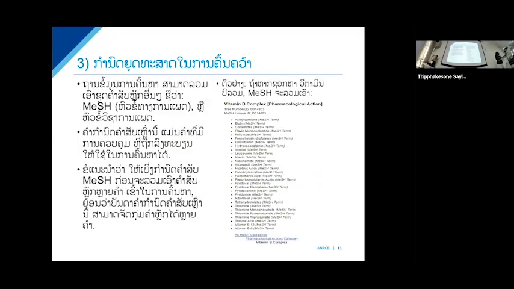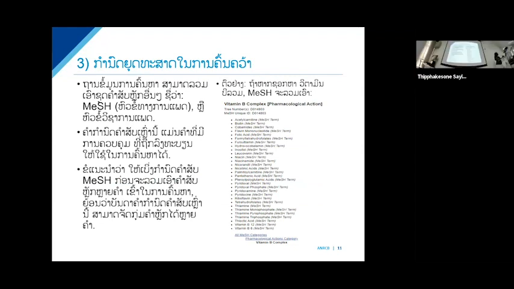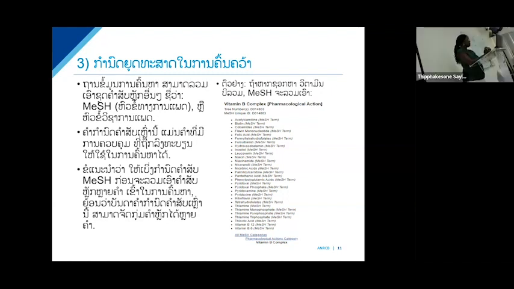Okay, so define your research strategy. The search databases can also include another set of keywords named MeSH, or medical subject headings. These terms are controlled terms that were designed to be discoverable.